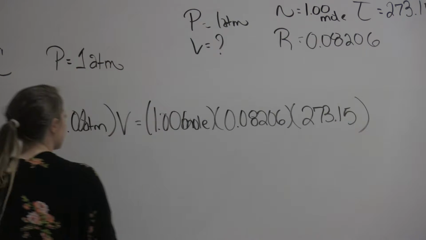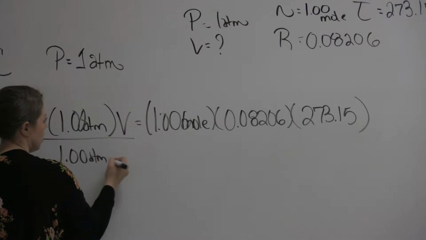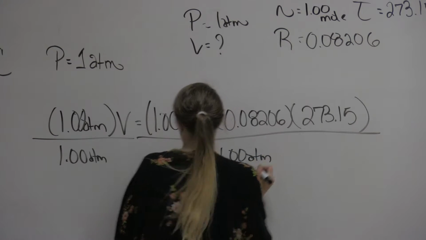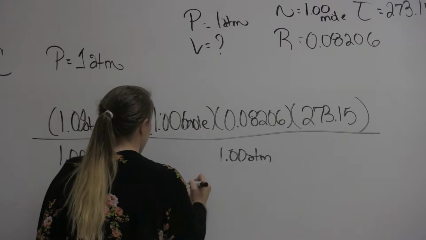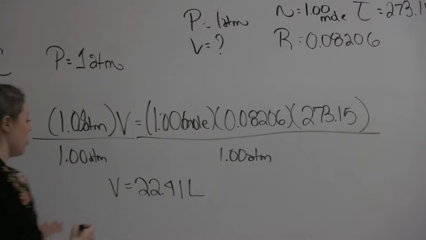Now to solve for volume, we divide by our atmosphere. We get a volume of 22.41 liters. We call this the molar volume.